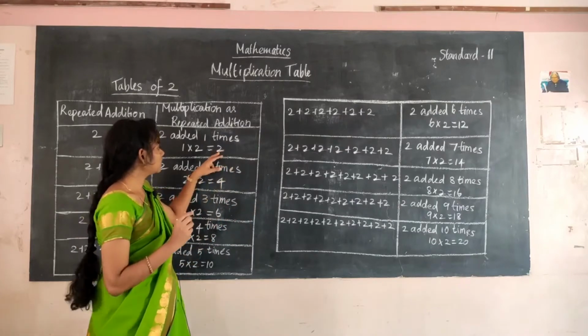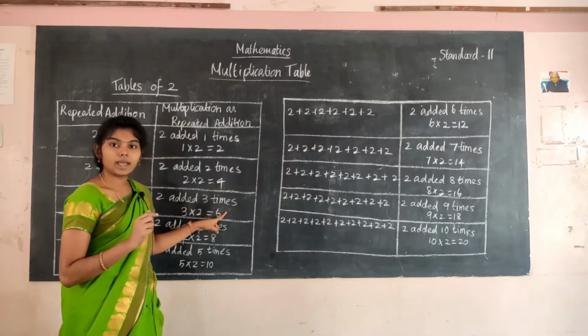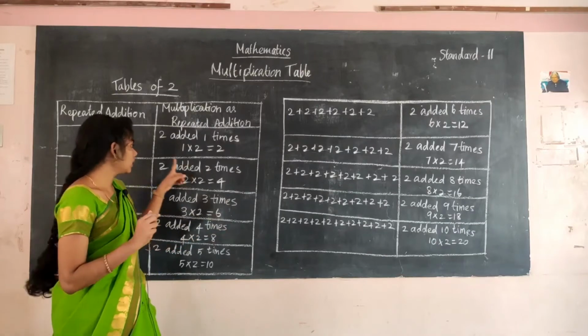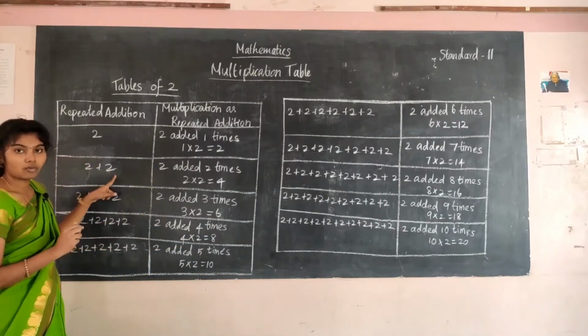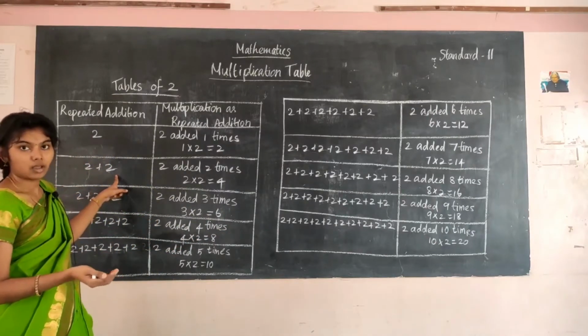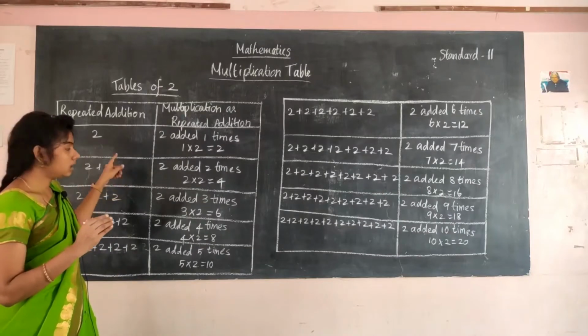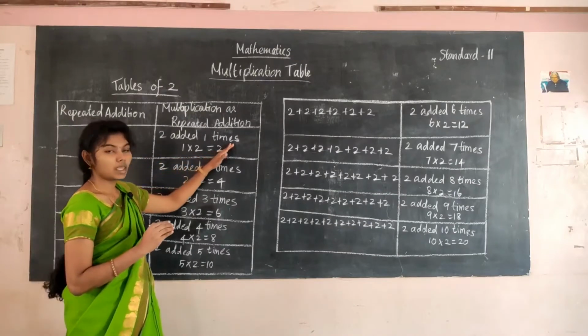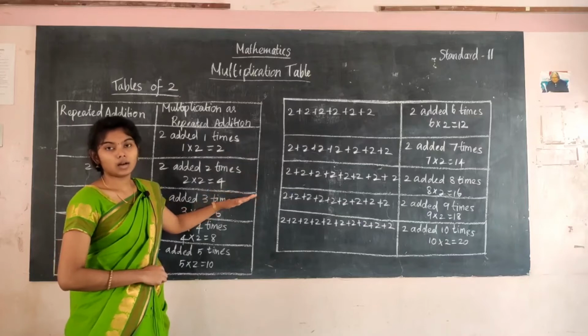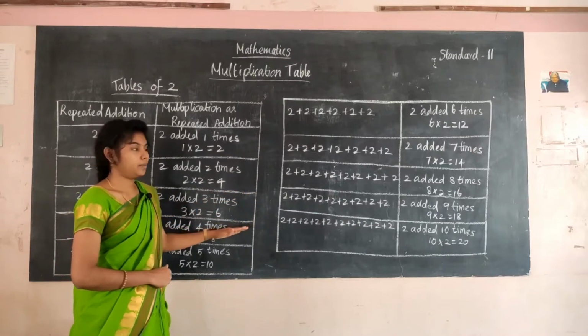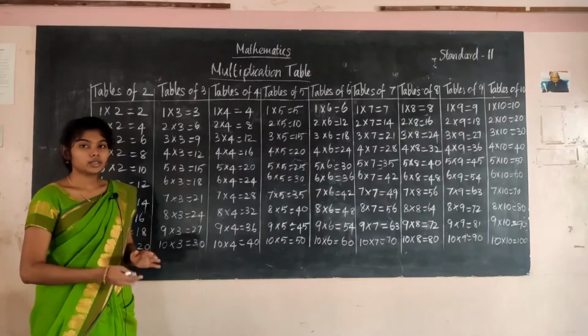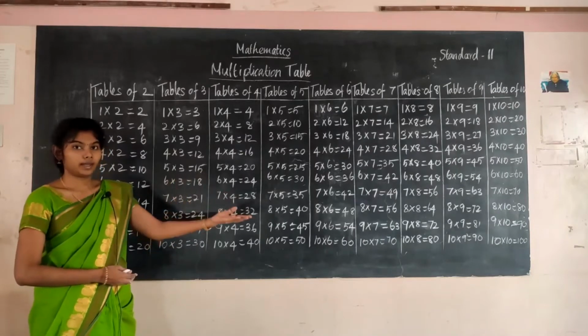By learning the multiplication tables, you can find the answer easily. Repeated addition of numbers is called multiplication. This is the basic thing. Learning the multiplication table is the easier way to find the result. Now we are going to see the tables from 2 to 10.